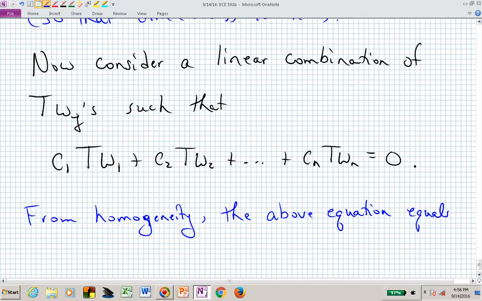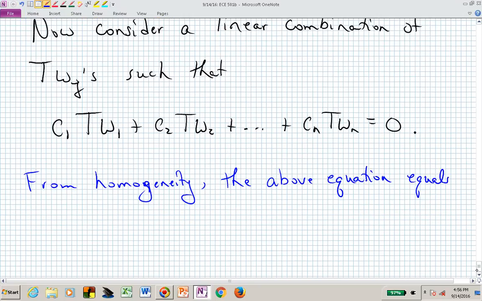If we just looked at it one term at a time, c1 Tw1, homogeneity says that that's the same as T operating on c1 w1. Which allows us now to say T operates on c1 w1 plus c sub 2 w sub 2, etc., c sub n w sub n, and that is equal to 0.